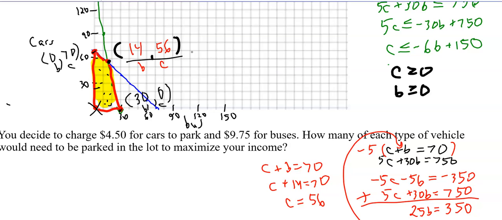You'd want a calculator for this, but we're going to plug into this formula. It says 450 for cars and 975 for buses. The function to be maximized, I'm just going to call it f of x, though there's usually a name for it. It's 4.5 C plus 9.75 B. We're going to find out which of those points maximizes the function.